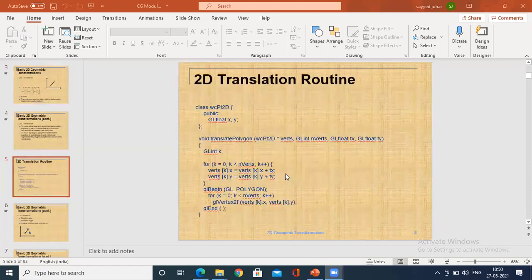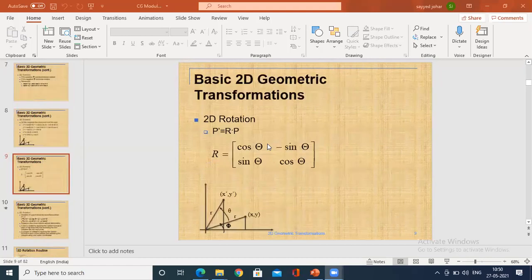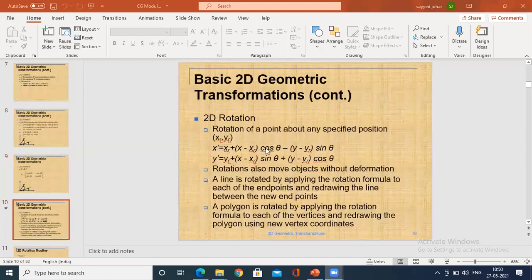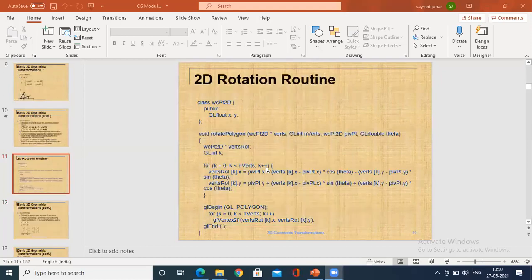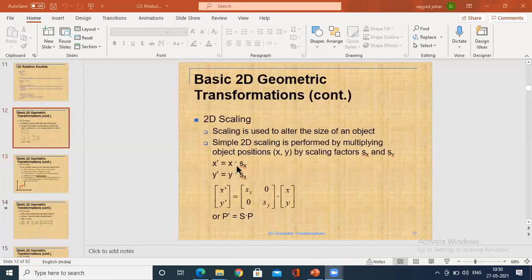In the case of rotation, we have a multiplicative factor. This is quite important, and you need to remember it. In the case of scaling, again we have a multiplicative factor.